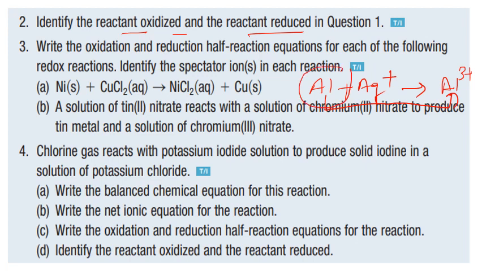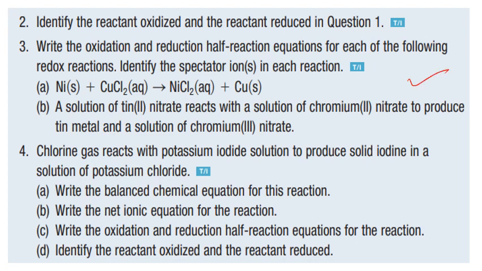So this is the reactant that is oxidized, right? And the reactant that is reduced is this one, right? This is very simple, we can do it. You just have to see who's losing electrons and who's gaining electrons, and then write the oxidation and reduction half reactions. Again, similar questions, and then you have to work on these questions.